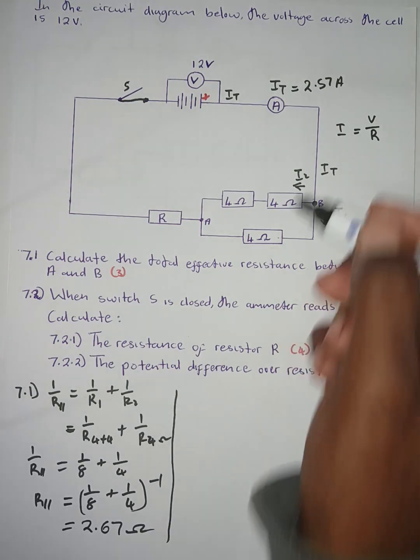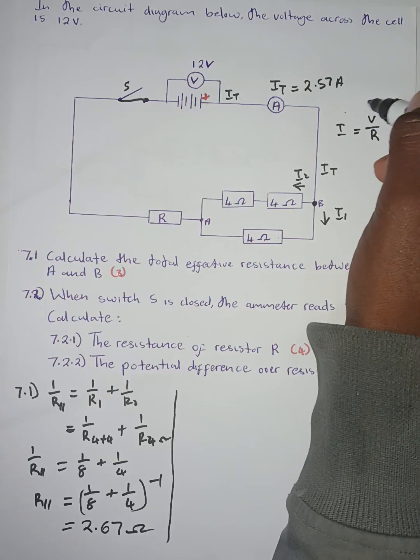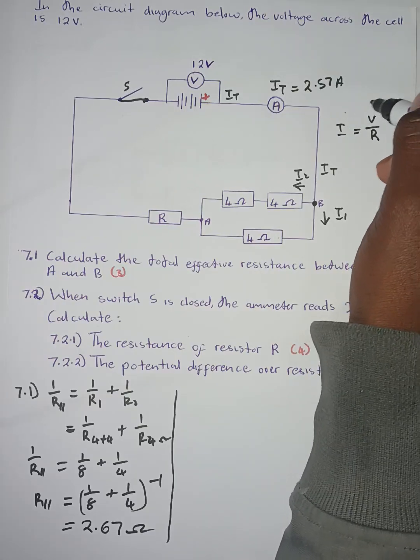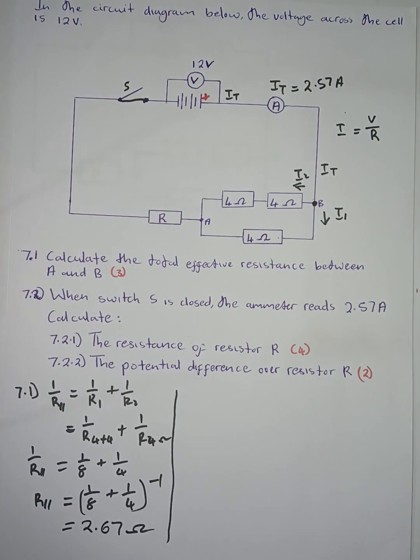They can give you the total current and the total voltage, and then require you to calculate the total resistance. They can ask you any variable.